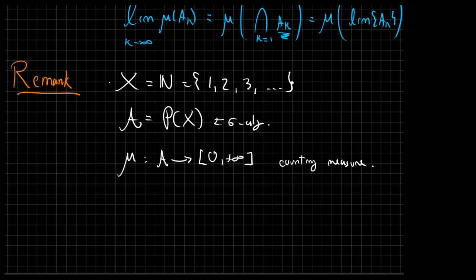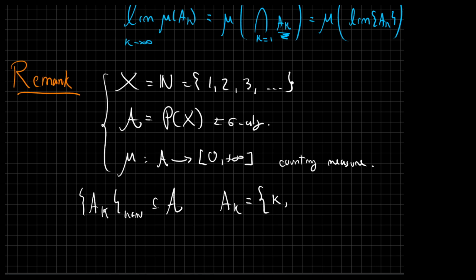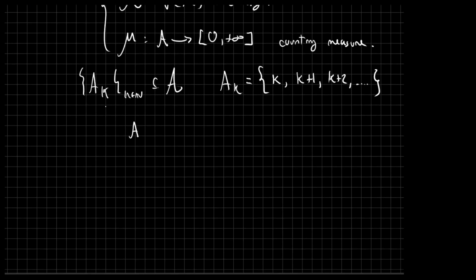Given that this is a measure space, we can define a countable family here such that each term of the family is equal to everything that starts from k. So this will be k, k plus 1, k plus 2, and so on. So this family is a decreasing family. A1 is equal to the whole space, that is the natural numbers, and this contains A2, and so on, right? This is a decreasing family.